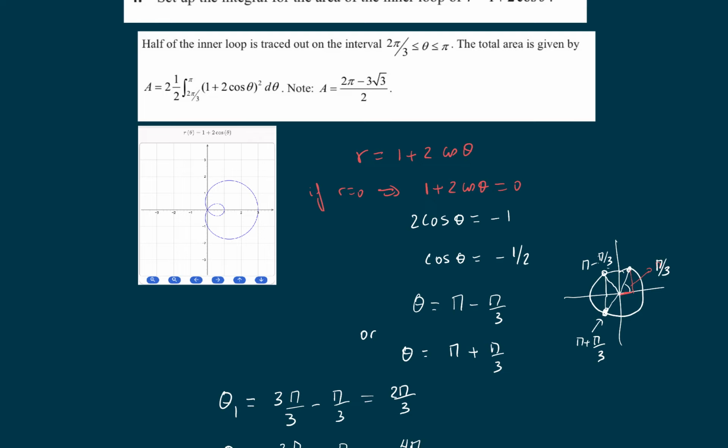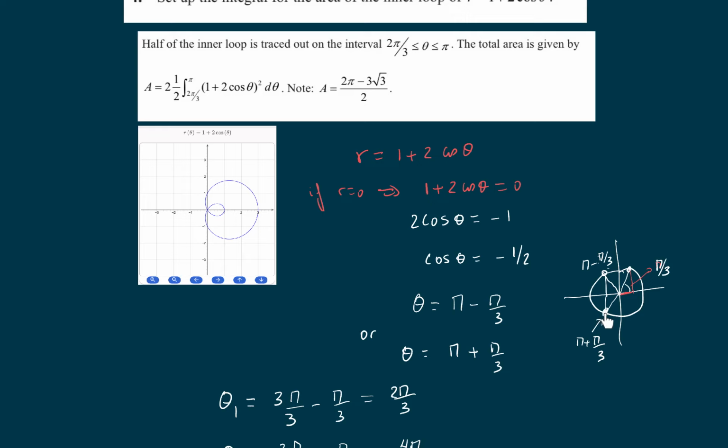The 2 points where the cosine of theta is minus 1/2 are when theta equals pi minus pi divided by 3, or theta equals pi plus pi divided by 3.